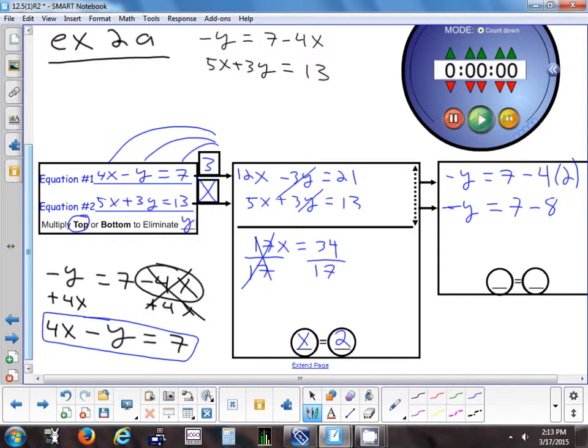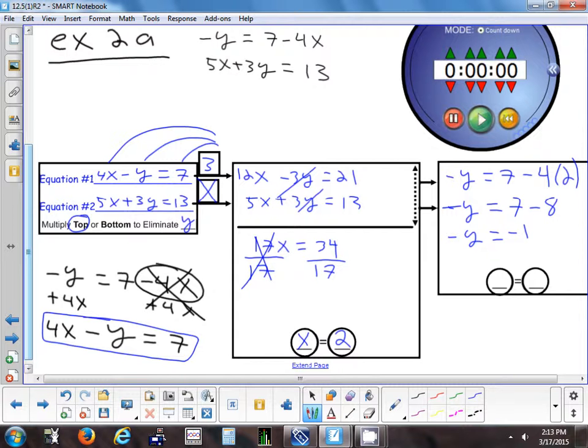So we have 7 minus 8. Justin, what's 7 minus 8? If you have $7 and you take away 8, what do you have left? Negative 1. All right.